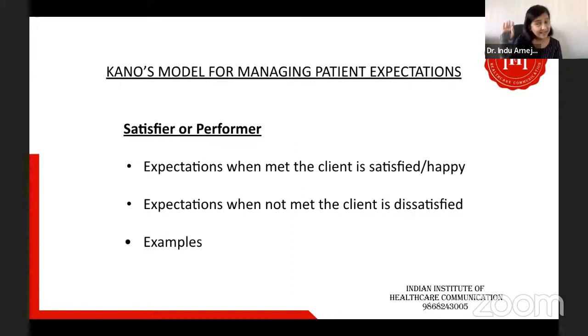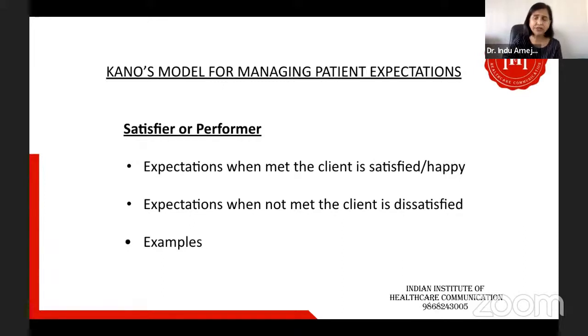That's level 3. So all the basic courtesies, all the professional etiquettes, all the professional protocols, when they are followed meticulously, they all act as satisfiers. For example, if the patient has come, and if I welcome the patient, talk to the patient properly, offer a place to sit, and make sure that the patient is attended promptly, and whatever services the patient needs are provided, all this will be a performer or satisfier kind of expectation.